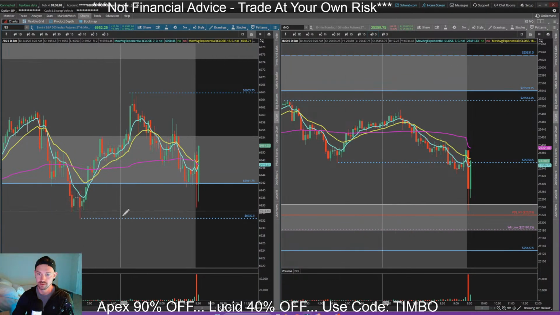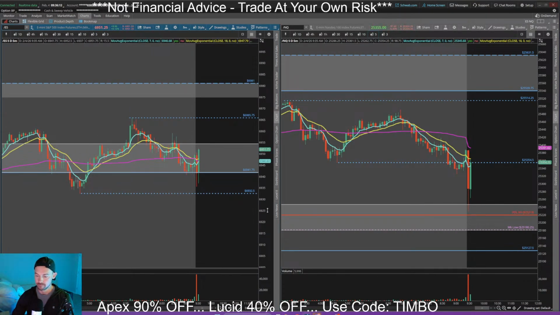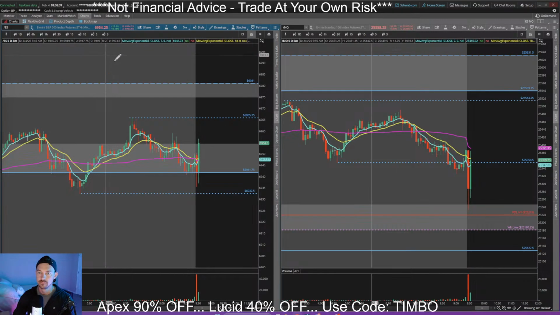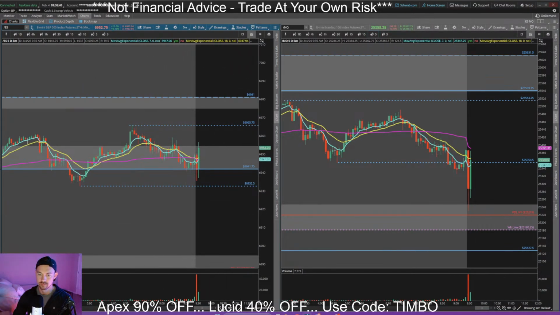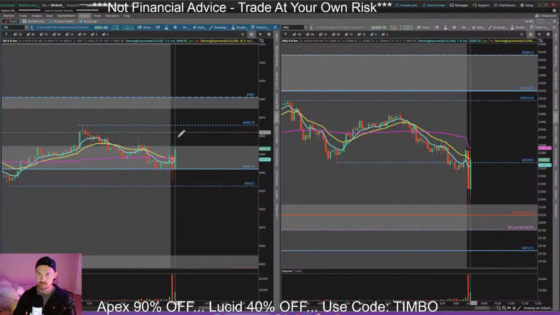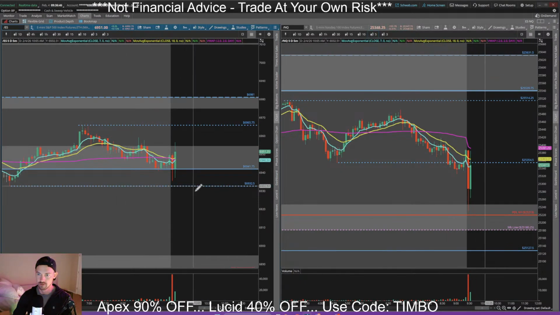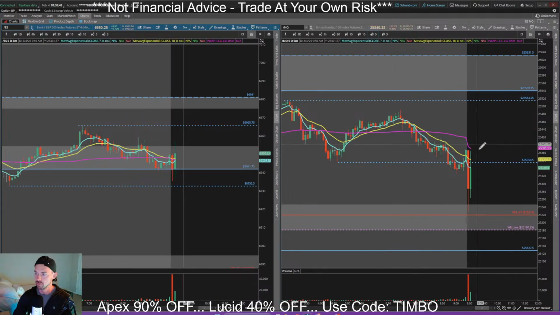ES held that pre-market low support area. ES is pushing up here. Just want to see it out of this range here from 32 to 65 before I would think about doing anything.